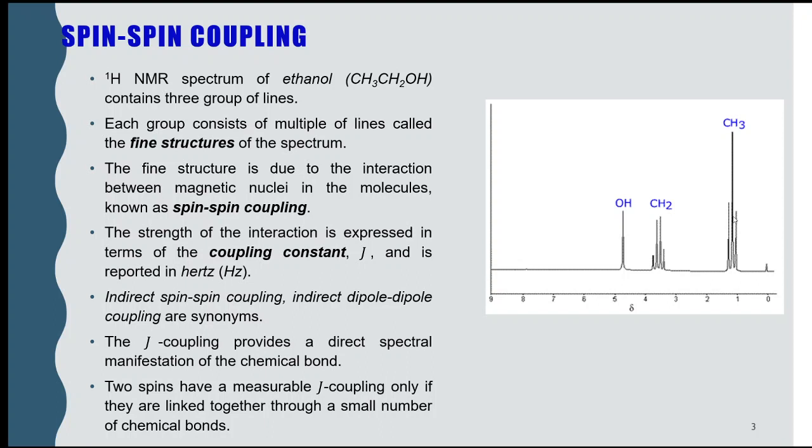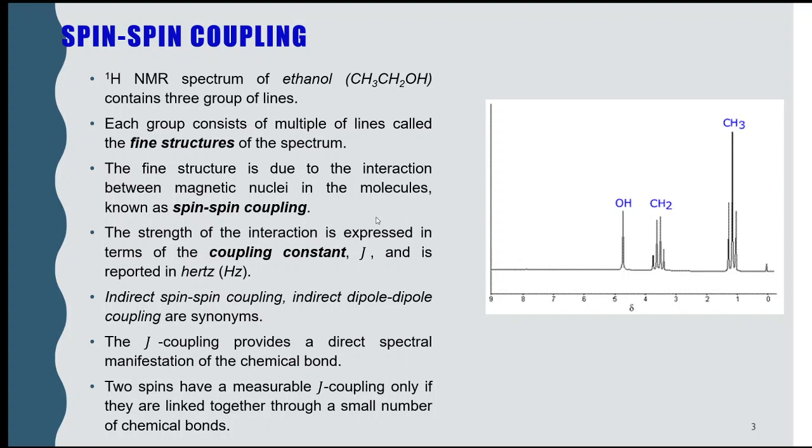This fine structure is due to the interaction between the magnetic nuclei in the molecules. So there's a neighboring effect. You get peaks from these different functional groups, but at the same time there's an effect from the neighbors, and that gives this fine structure, which we call the spin-spin coupling.